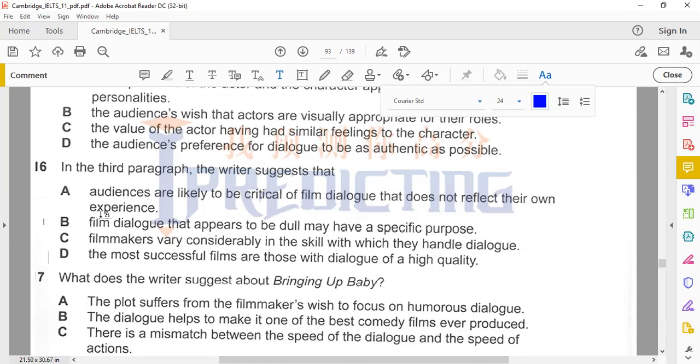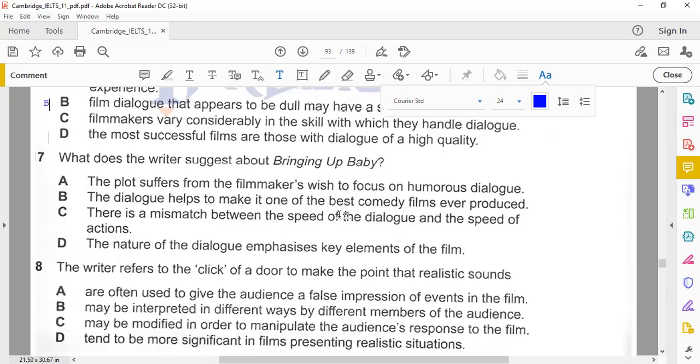Answer B is the right one for 16: film dialogue that appears to be dull may have a specific purpose. Then the answer to this, what does the writer suggest about Bringing Up Baby? He says the nature of the dialogue emphasizes key elements of the film. So answer D is the right option.